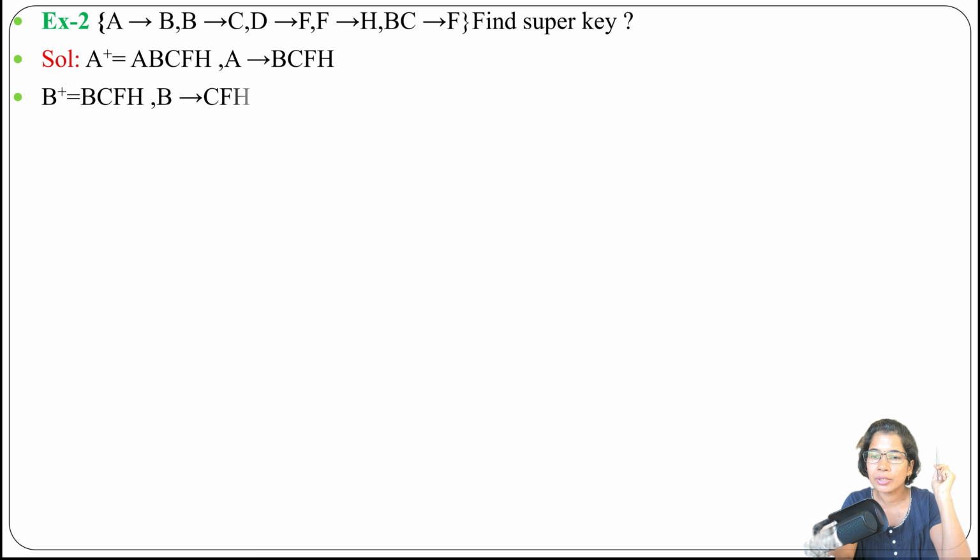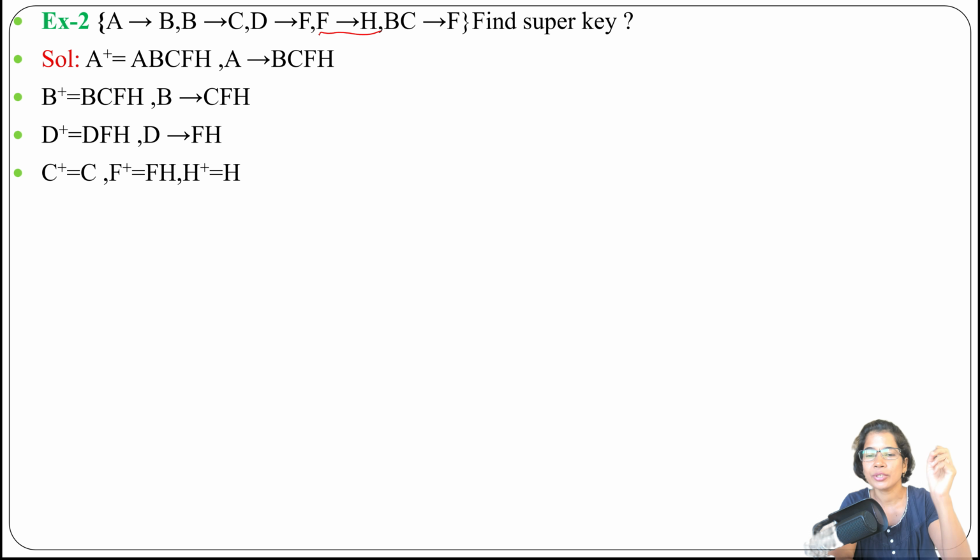Then B positive closure equals B, C, F, H means C, F, H are functionally dependent on B. D positive closure equals D, F, H means F and H are also dependent on D. C positive closure equals C, F positive closure equals F, H due to this functional dependency, and H positive closure is H. So the maximum we can derive from A positive closure, just D is missing.